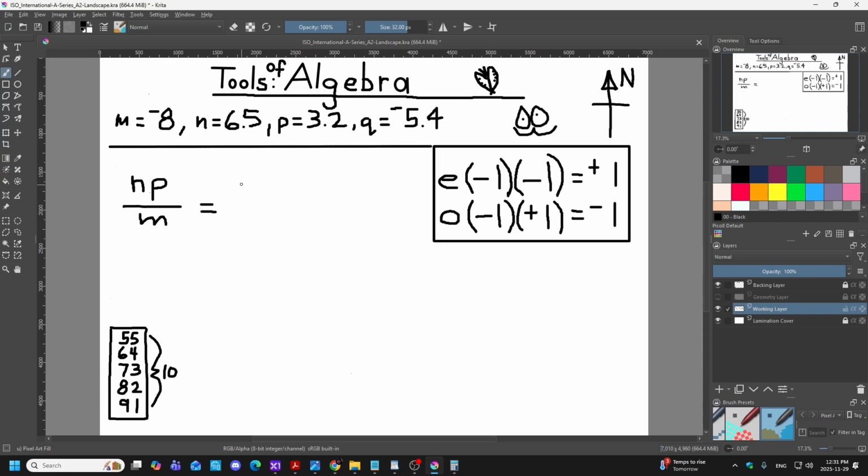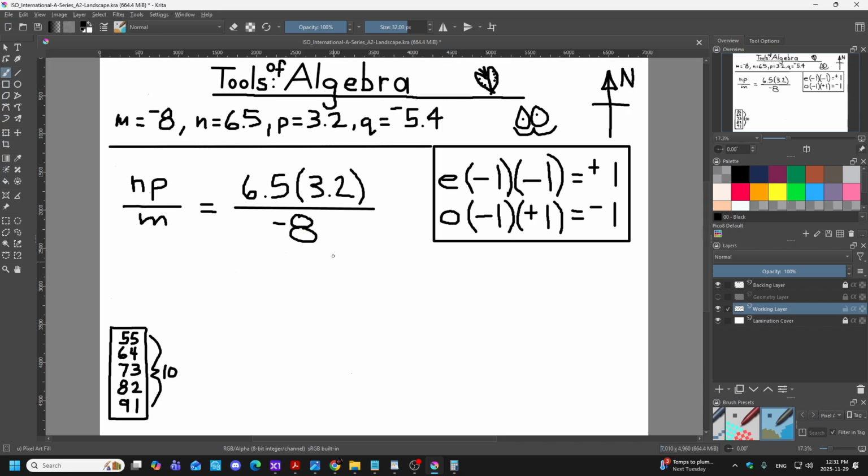All right, 6.5 times p, 3.2, all divided by m, which is negative 8.